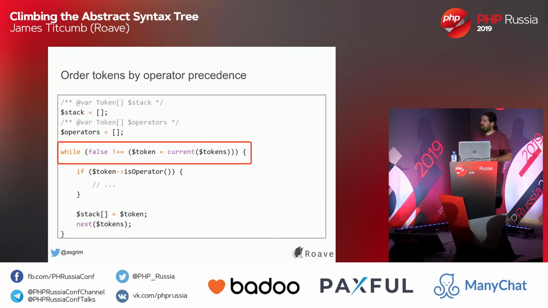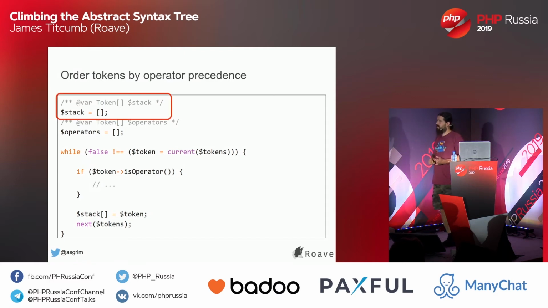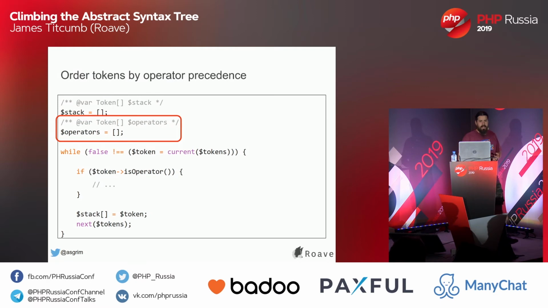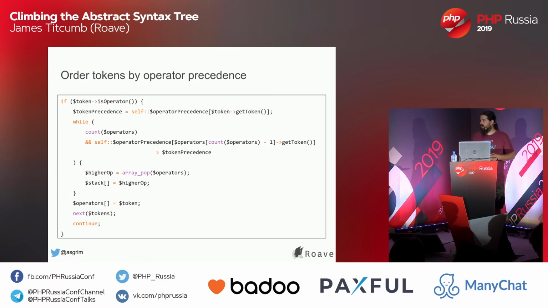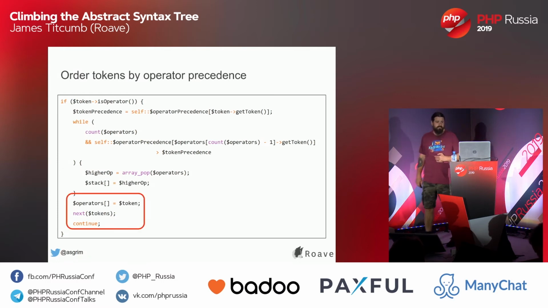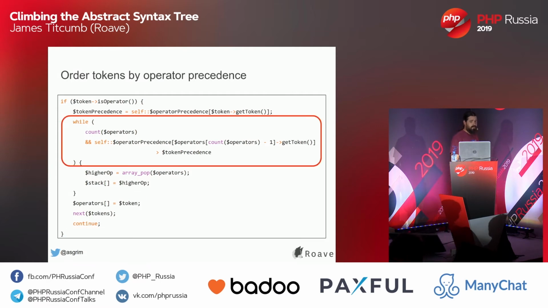So we're going to loop over the tokens, and we've got 2 stacks. We've got a normal token stack, an output stack, we'll call it, and a temporary operator stack. Now, if the token that we encounter is an operator, there's a bit more code going on here. Each operator is pushed onto the operator stack.